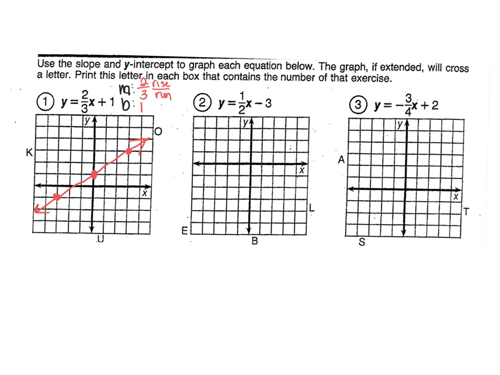Number 2, let's do it. What's my M and what's my B for number 2? One half, and my B is -3. Begin at -3.